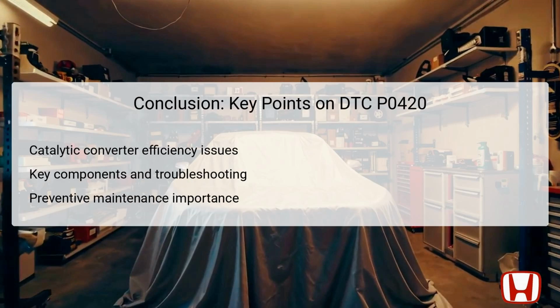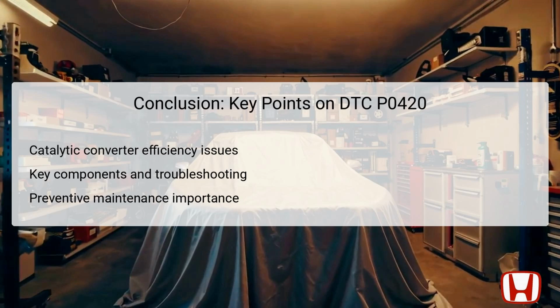In conclusion, DTC P0420 signifies an issue with the efficiency of the catalytic converter, an essential component in reducing vehicle emissions. The troubleshooting process involves a series of systematic checks and verifications, ensuring that all potential causes are evaluated, from the catalytic converter itself to the heated oxygen sensors and fuel quality.